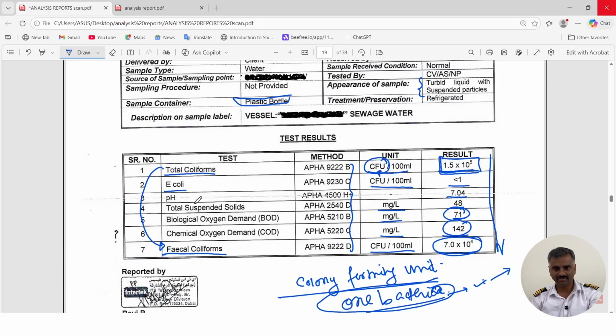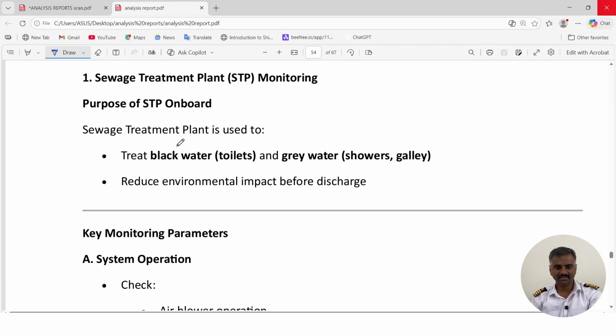So let us first understand what all this is. Before that, for those who are beginners, STP is a sewage treatment plant on board to treat the black water. Black water means the water coming from toilet flushing, and grey water comes from the showers and galley. They all go into the sewage treatment plant to reduce the environmental impact, because when going into the sea, they will form colonies and multiply, and destroy the local ecological balance.